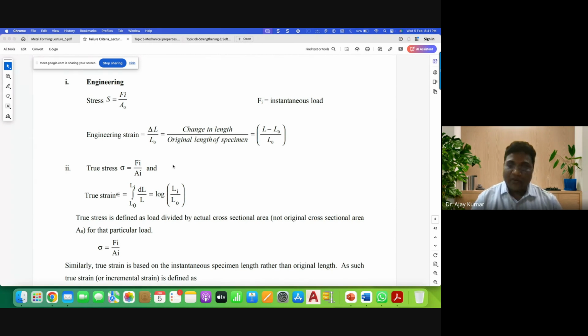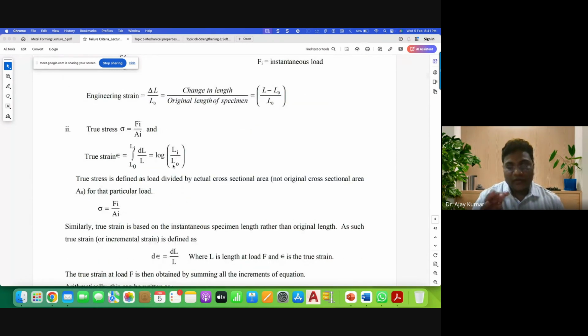I hope that you are aware of true stress and true strain. In true stress and true strain, we are only using the instantaneous cross-sectional area. True stress will be more than engineering stress, because in the stress formula you have the load divided by area.